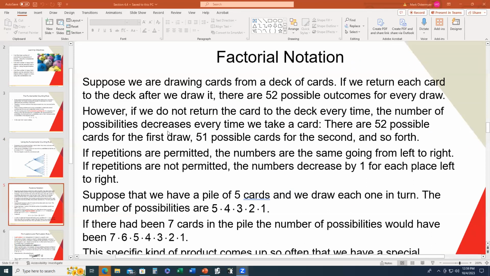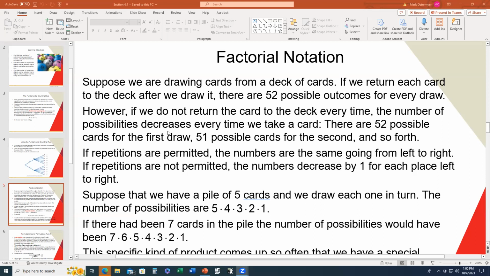Suppose you look at a standard deck of cards. If we reach in and pull out a card and we return each card to the deck after we draw it, there are 52 possible outcomes for every draw. However, if we do not return the card to the deck every time, the number of possibilities, of course, decreases every trial of the experiment of selecting a card from the deck.